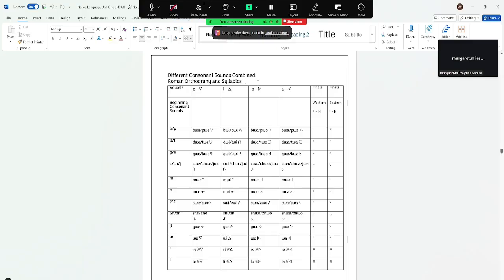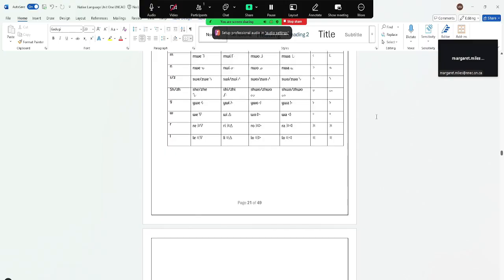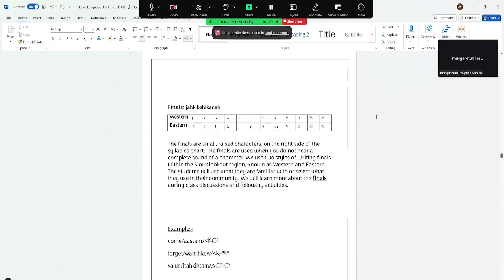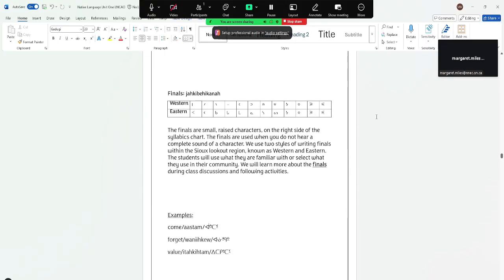This one is the different consonant sounds combined. And an example again with the finals, Western and Eastern.